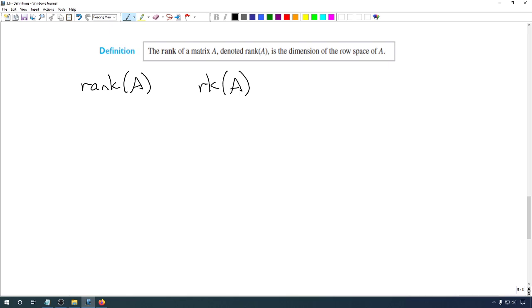Another thing I will note is that we could have called this the row rank and talked about an equivalent column rank as the dimension of the column space. That actually is not important to do, and we'll talk about why we don't need to in the theorems video for this section.